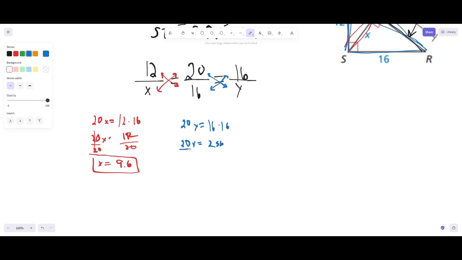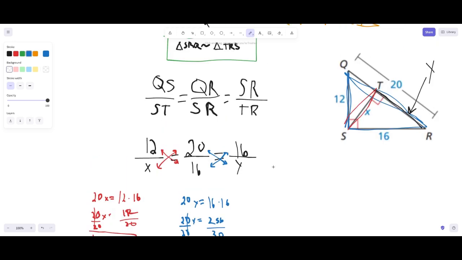And then you have to divide by 20. This is basic algebra, so I'm not really explaining it because I expect you to know it. But if you don't, you can search up isolation algebra. Then y is just going to be 256 divided by 20, which gives us 12.8. All right.